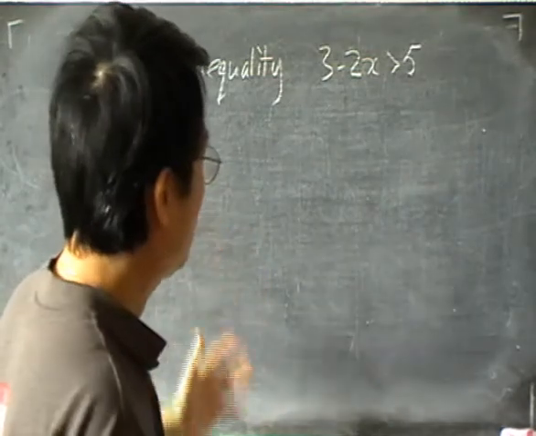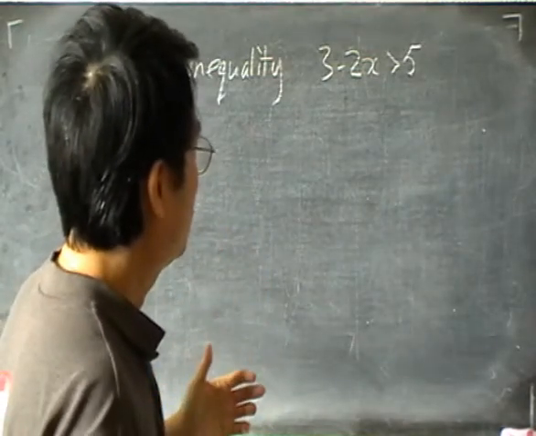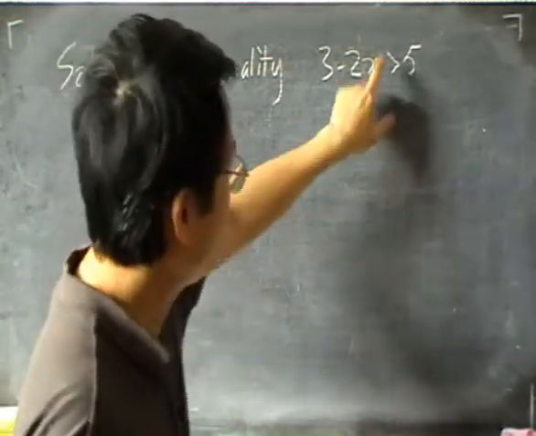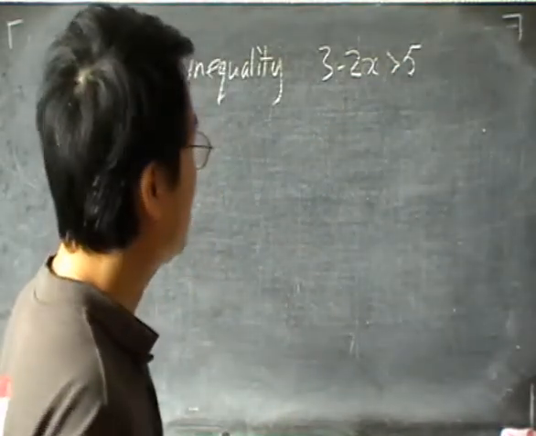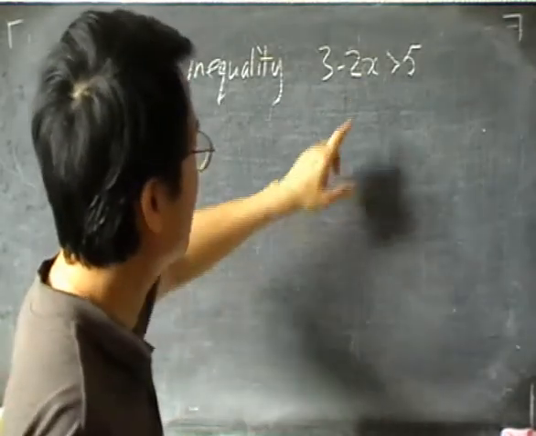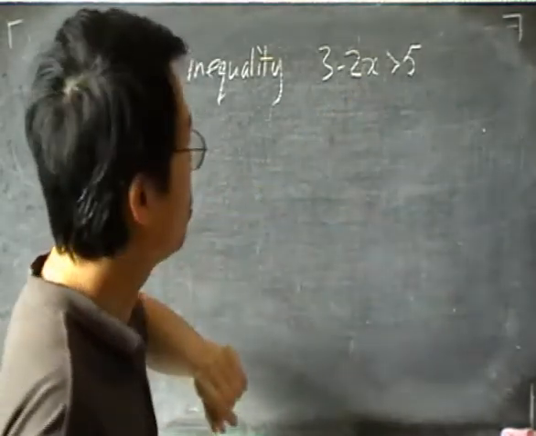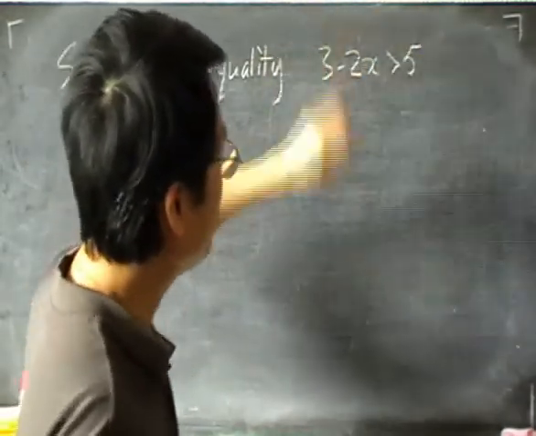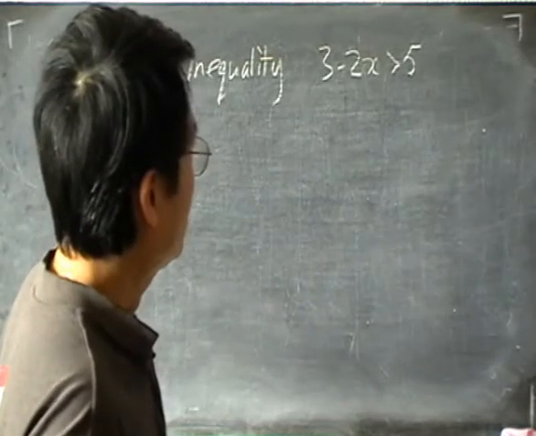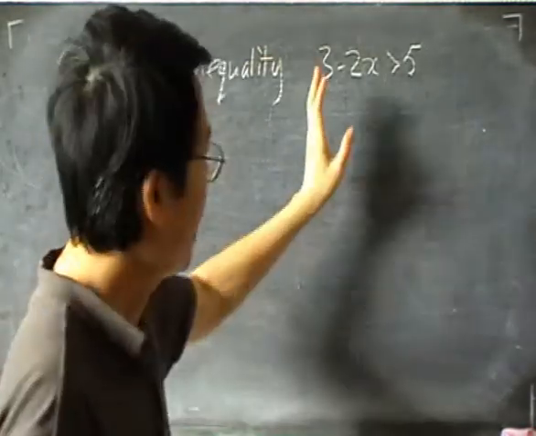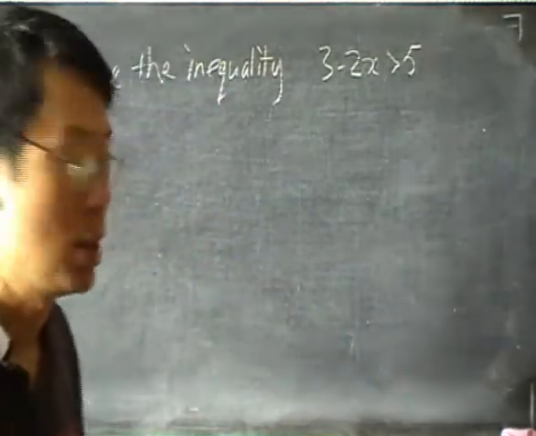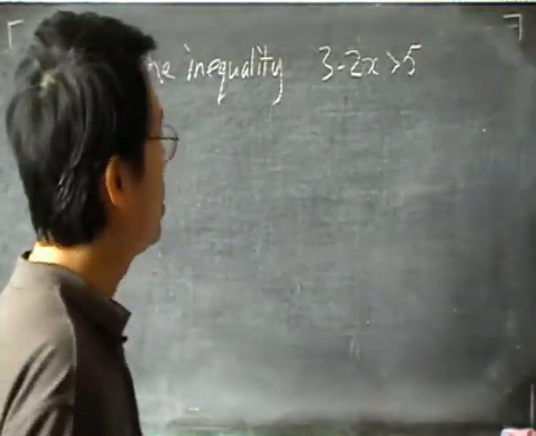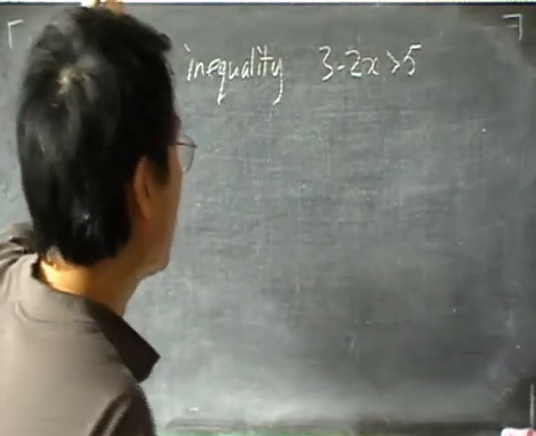Now we know that when we solve for x in an equation, if that inequality sign is just an equal sign, we know what we would do. We will start moving things around so that in the end I have just x on one side. So we call that making x the subject, or solving for x. So let's carry that through.